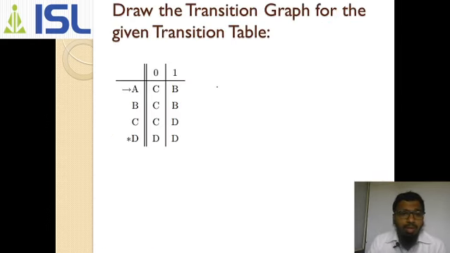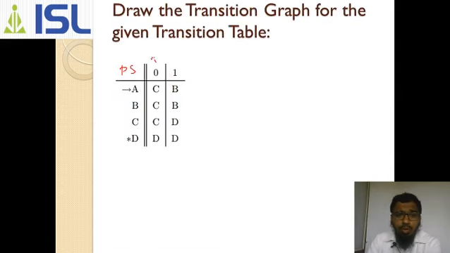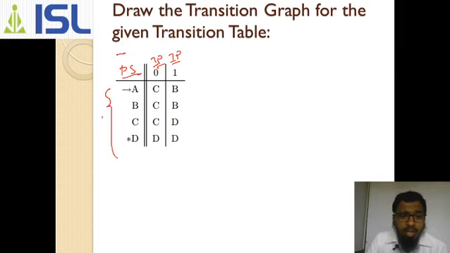Next, here the table. What is this? This is the same table: present state, next state for the input 0 and input 1. This one is Q, and this one is sigma.